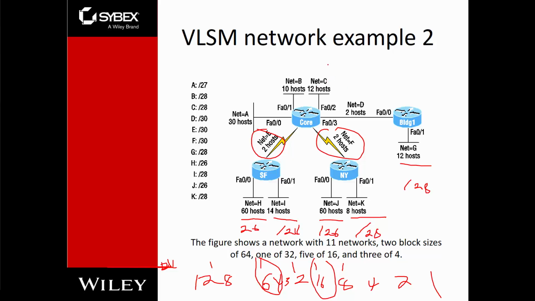For the 12 hosts, again, slash 28. For 30, we can get away with this guy right here. So 24, 25, 26, 27. And there we go.